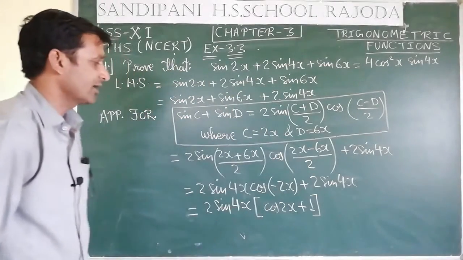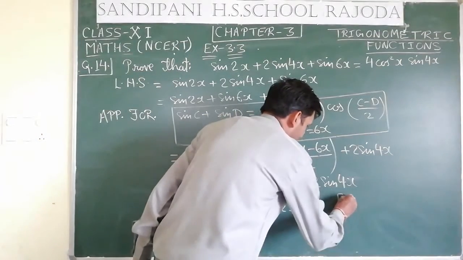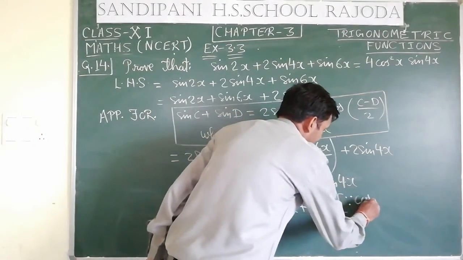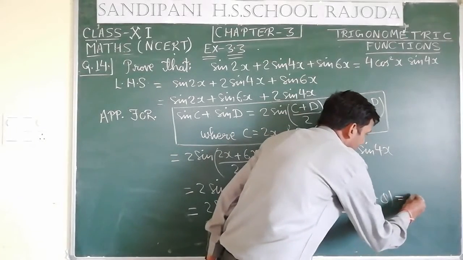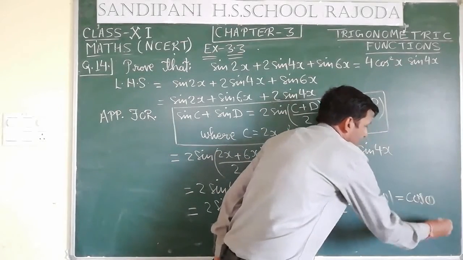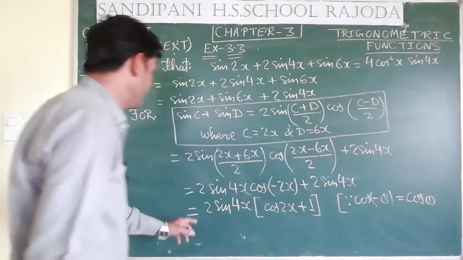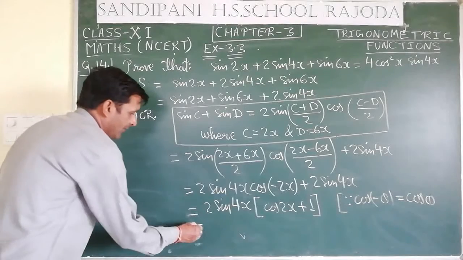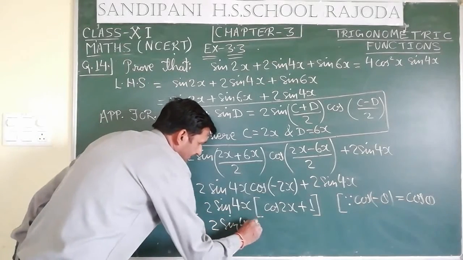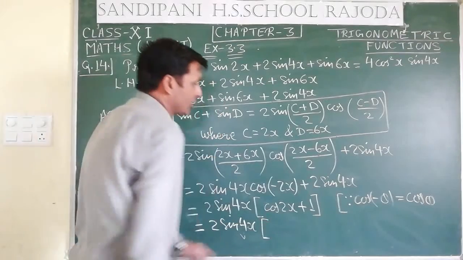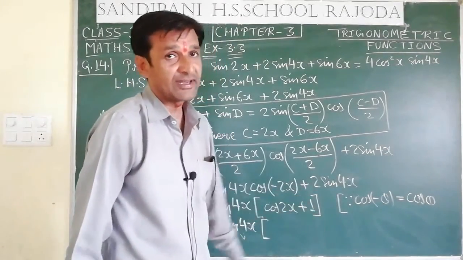Now we may apply here cos 2x formula, and here we have to mention first of all cos minus theta is equal to cos theta. Now it will be 2 sin 4x, and in the cos 2x formula, in which formula can 1 be cancelled?